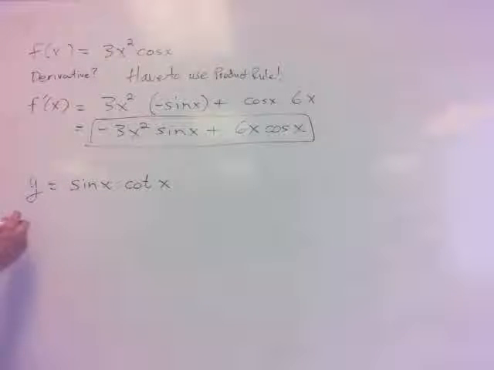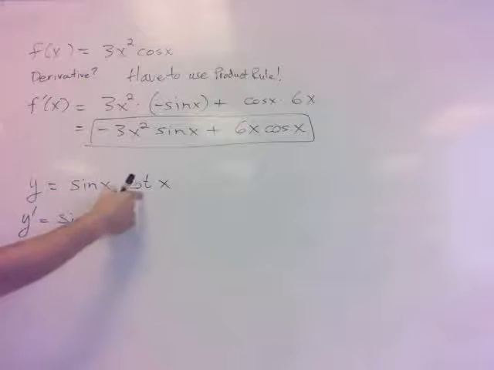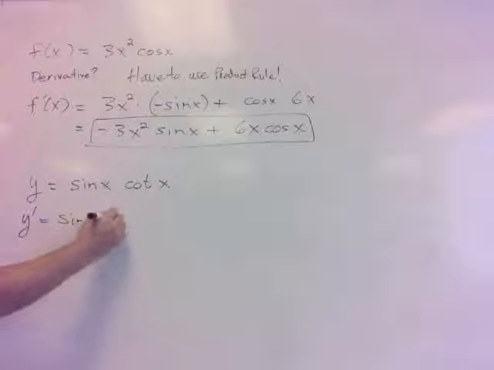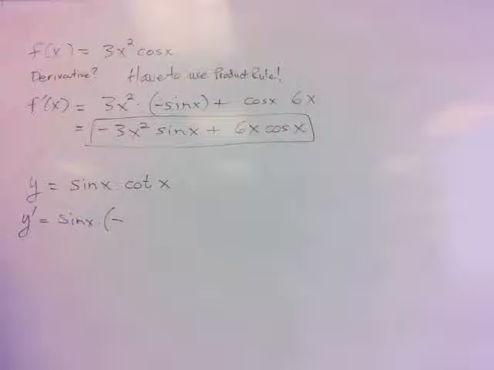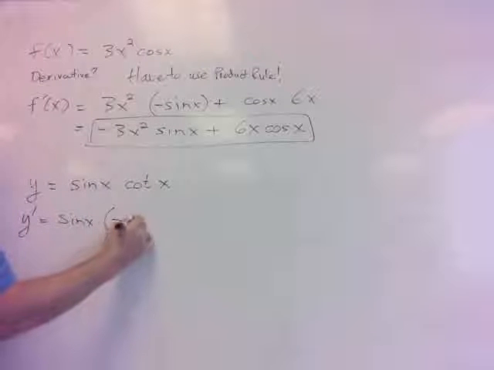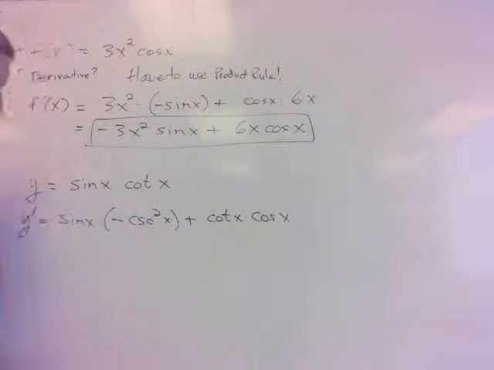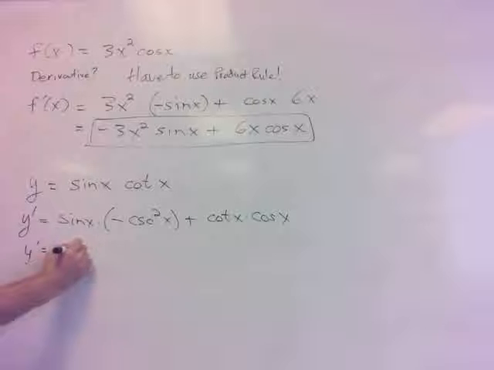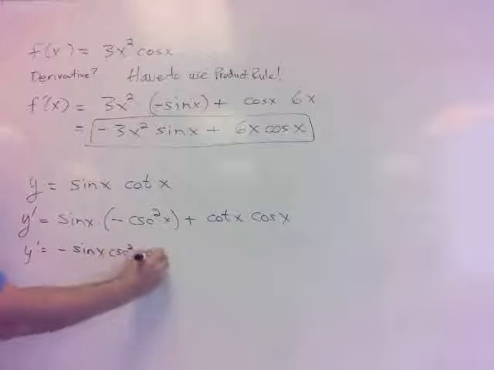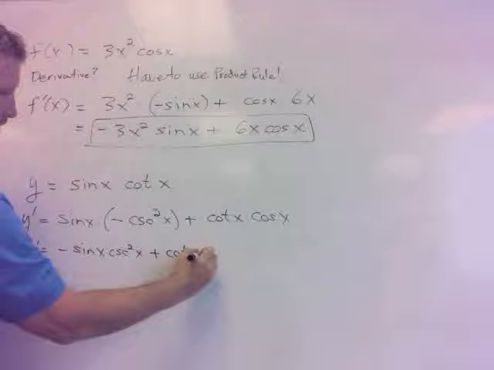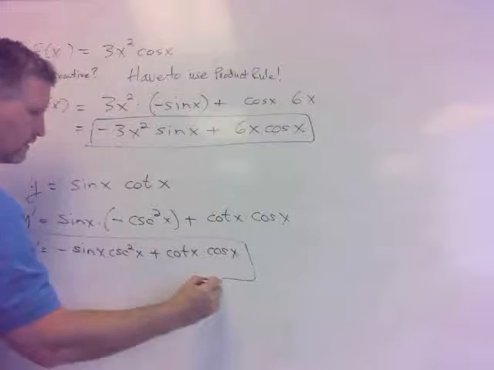Well, if we do treat it as a product rule, first times the derivative of the second, derivative of cotangent, remember that was, it's a co, so it's minus cosecant squared x, plus then the second times the derivative of the first.